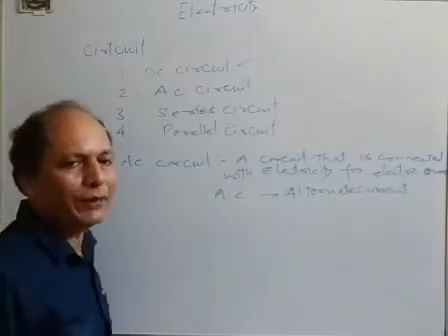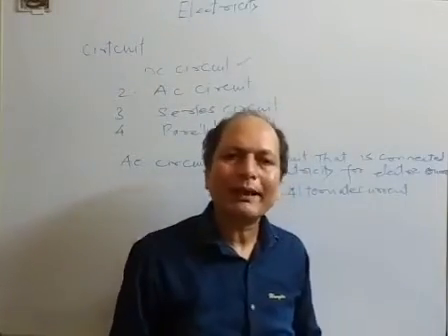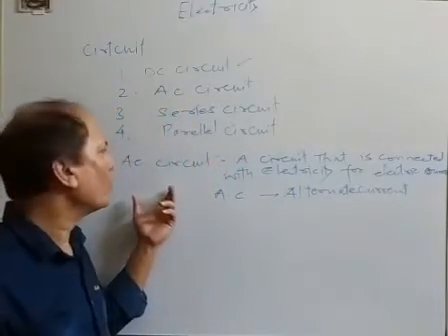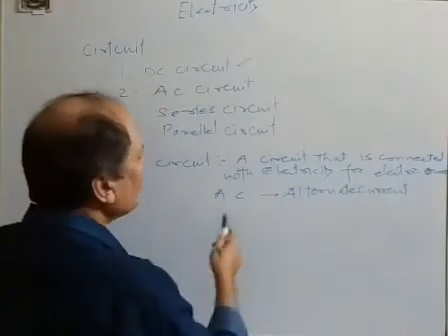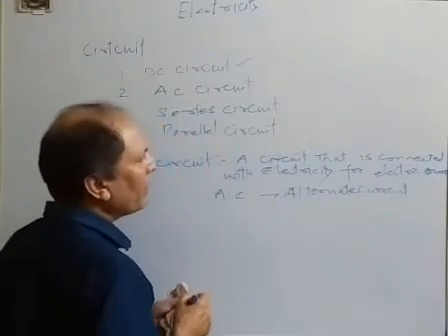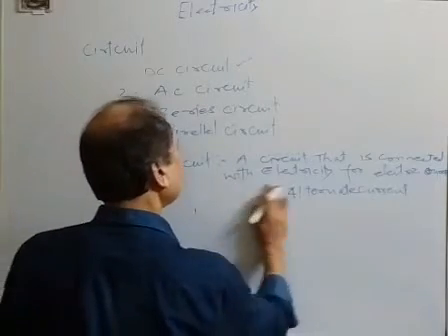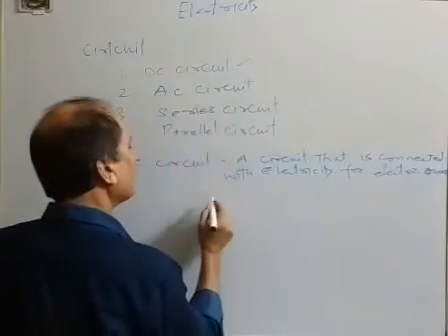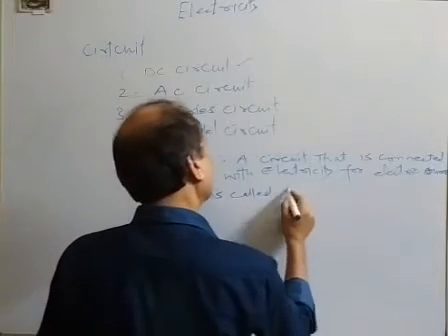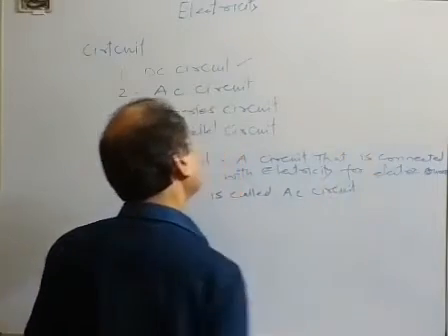Just like your fridge, TV, cooler, these all are connected into sockets of electricity supply that takes place in your home. Such types of circuits are known as AC circuits. So, be ready. A circuit that is connected with electricity as electric source is called AC circuit.